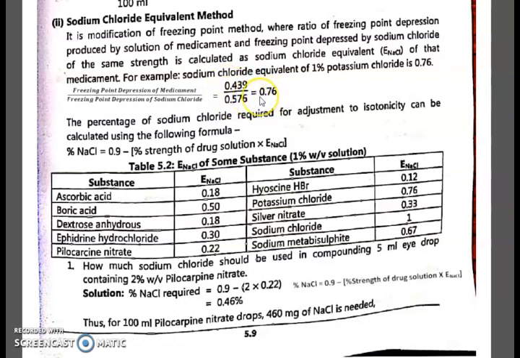So, by taking the ratio, 0.439 divided by 0.576, we get 0.76, that is the ENaCl value of 1% potassium chloride solution.